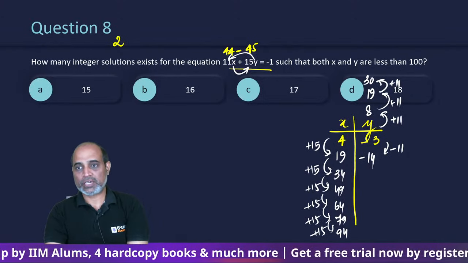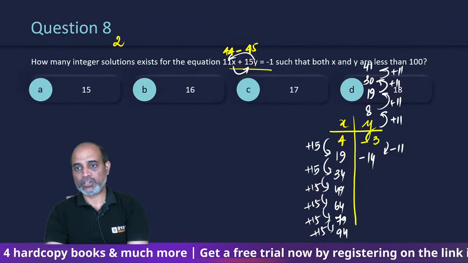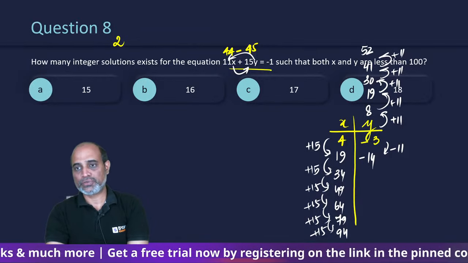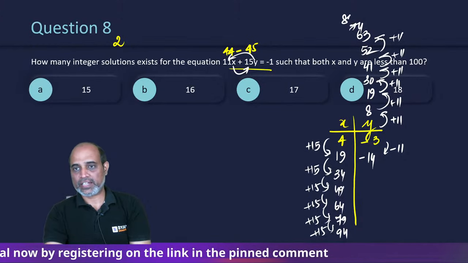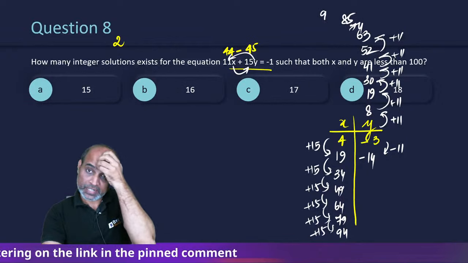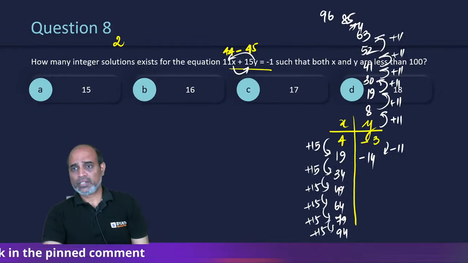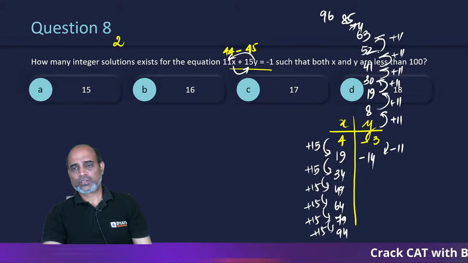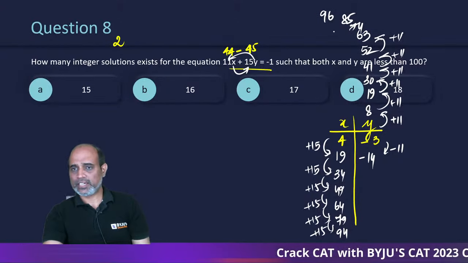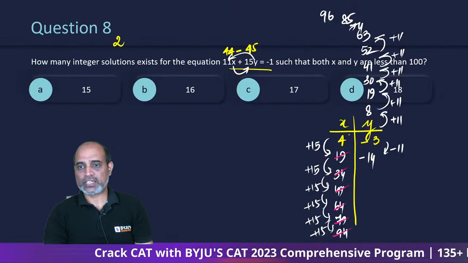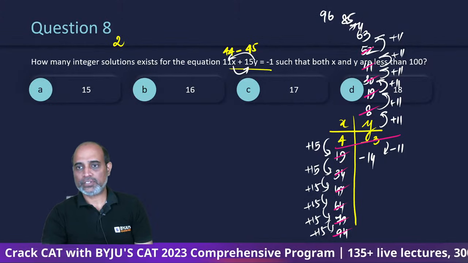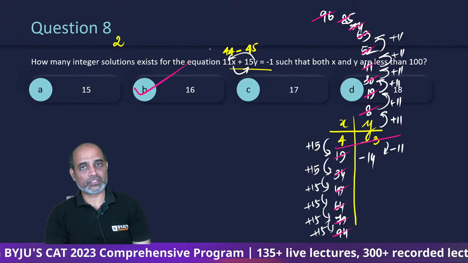So this will become 30, adding 11, this will give me 41, adding 11, this will give me 52, adding 11, this will give me 63, 11 add करेंगे 74, 11 add करेंगे 85, 11 add करेंगे 96. ठीक है. So let's count how many do we have? 1, 2, 3, 4, 5, 6, 7, 8, 9, 10, 11, 12, 13, 14, 15, 16. So 16 is our answer.